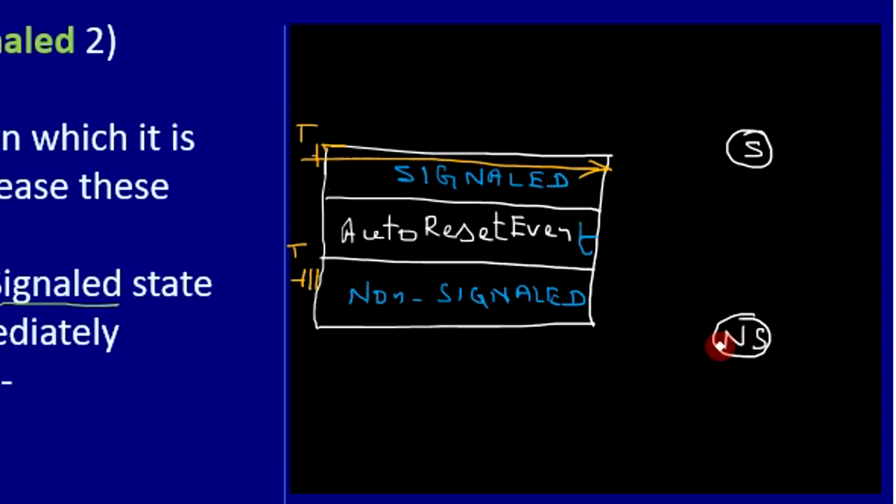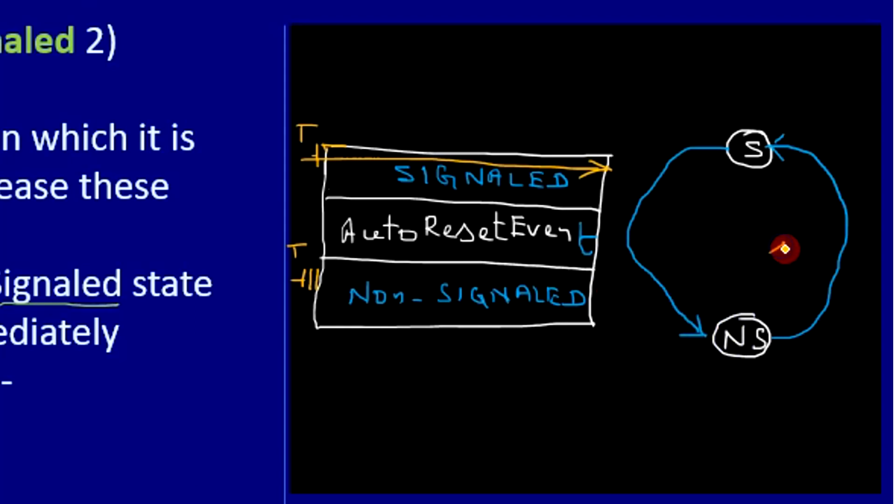So we are talking about two states, right? AutoResetEvent can be in a non-signaled state or it can be in a signaled state. So the object can move from non-signaled state to signaled state, then from signaled state to non-signaled state.